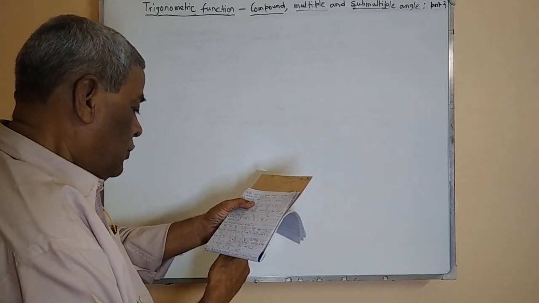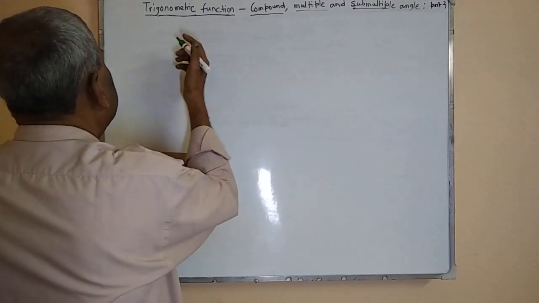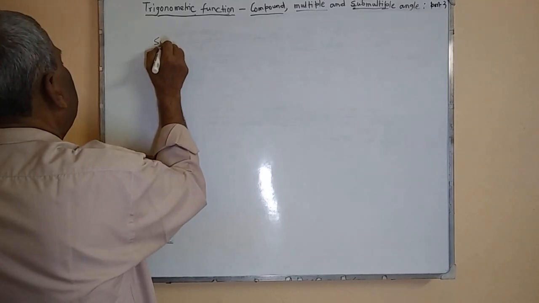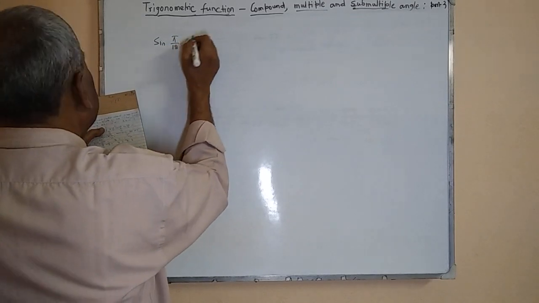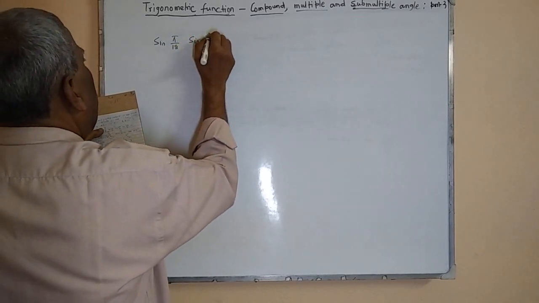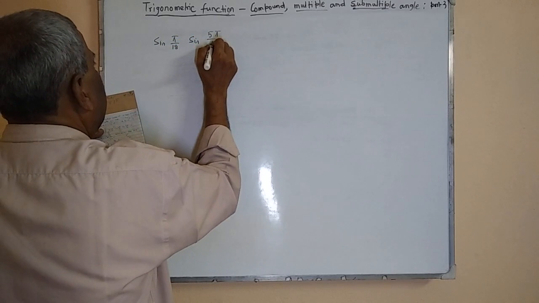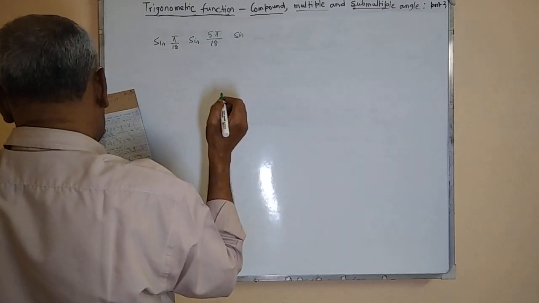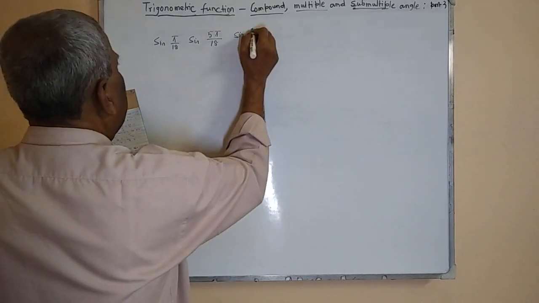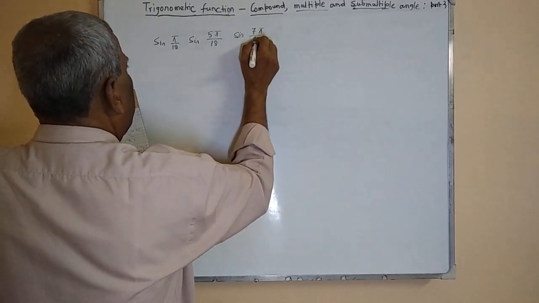The value of sine pi by 18, sine 5 pi by 18, sine 7 pi by 18.